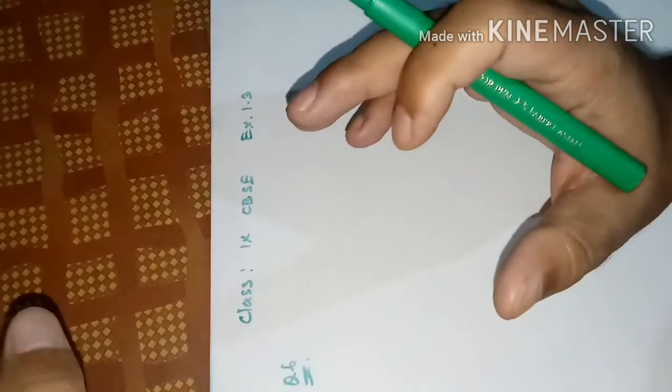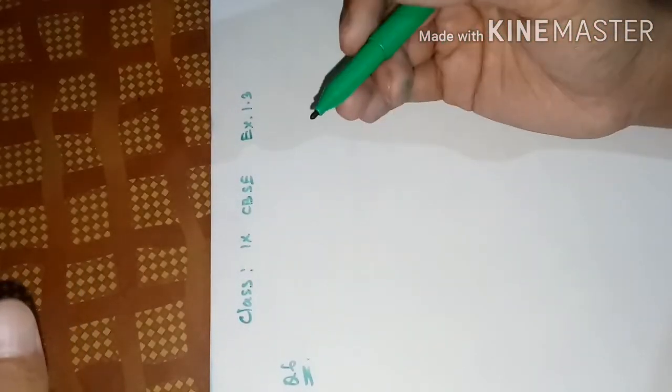We have almost come across rational numbers. Every rational number, while converting into decimal form, decimal expansion, will be a terminating decimal or a non-terminating repeating decimal. But this question is based on the terminating case.